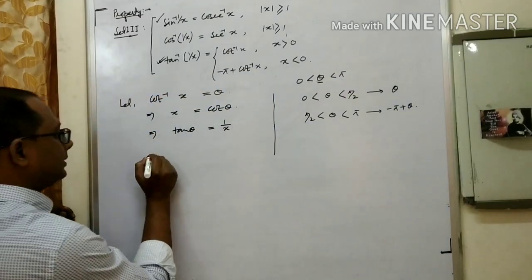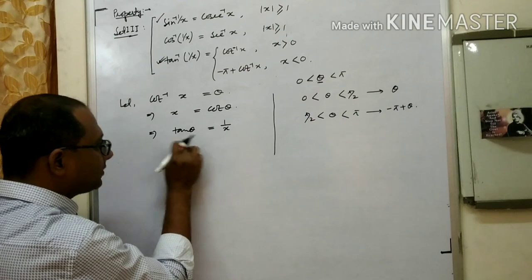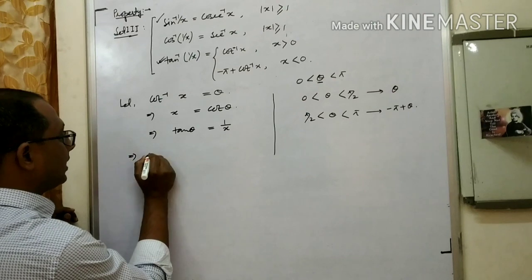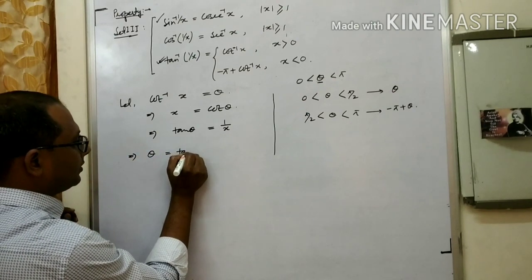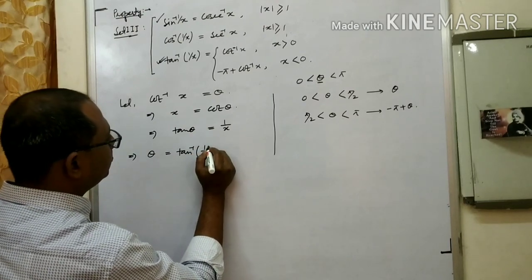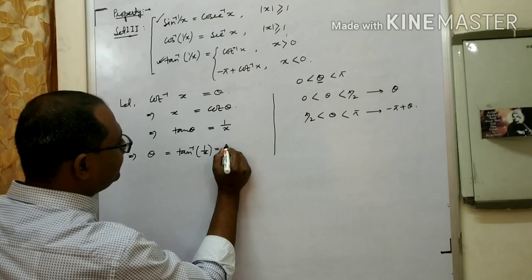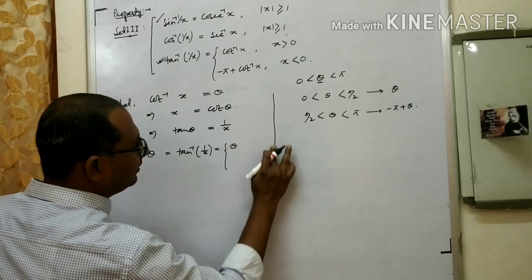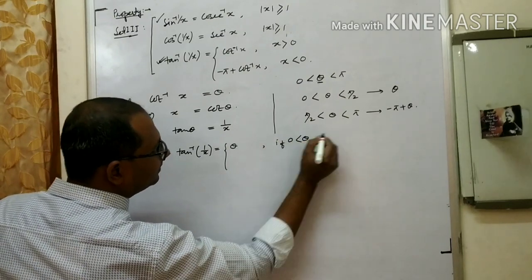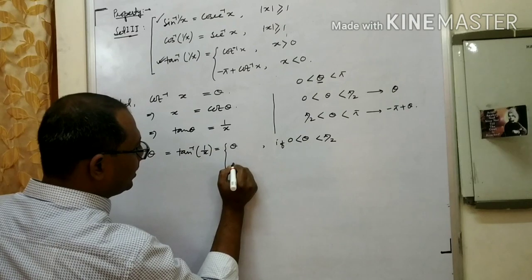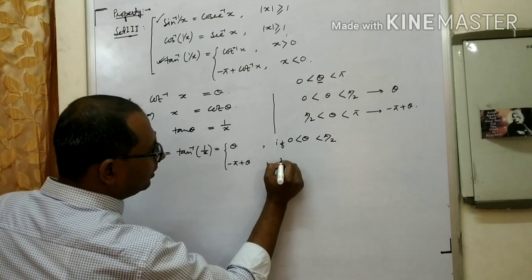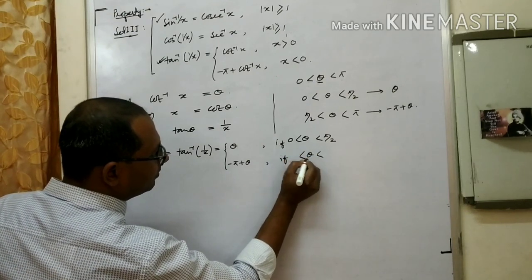So the inverse function which will be created from here will have two values. So tan inverse of 1 by x will be equal to theta if theta is lying between 0 to pi by 2, and will be equal to minus pi plus theta if theta is lying between pi by 2 to pi.